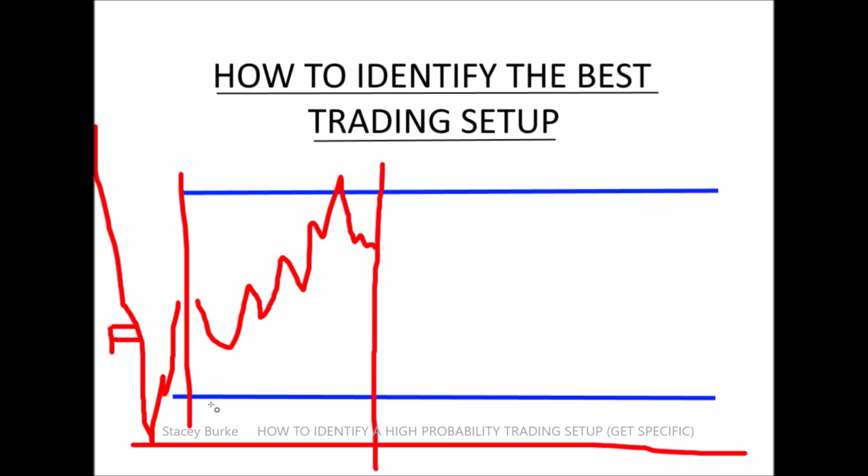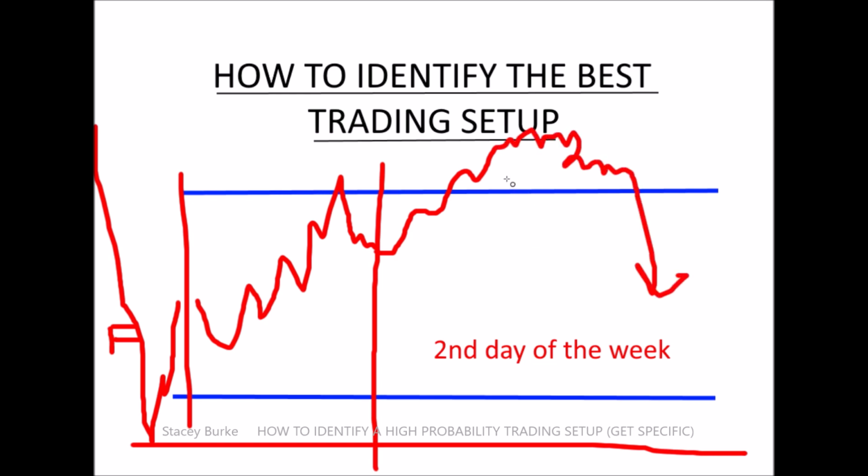What that allows you to do now is to look at this and say, okay, on Tuesday, which is the second day of the week, that's our second trading day, okay? That may allow us to form a thesis that this may give us a day 2 trade on the third day of the cycle.